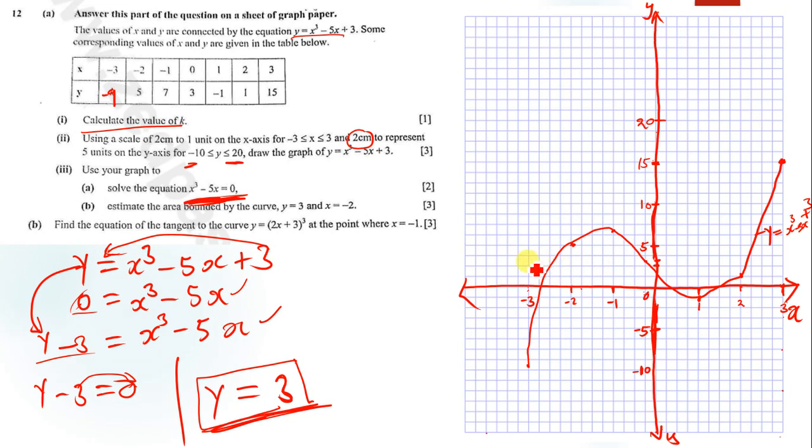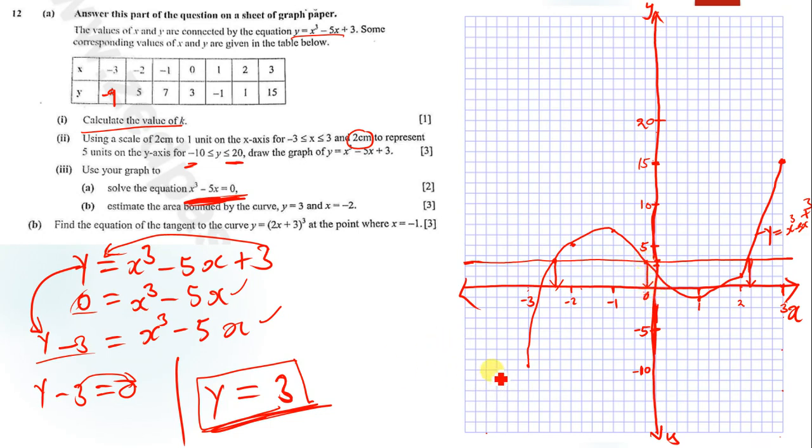So at 3 I'm going to draw a straight line. Okay, so at this point, this is where our solution is, and then we also have this point, that's where our solution is, and then we also have another point, which is this one, that's where our solution is.